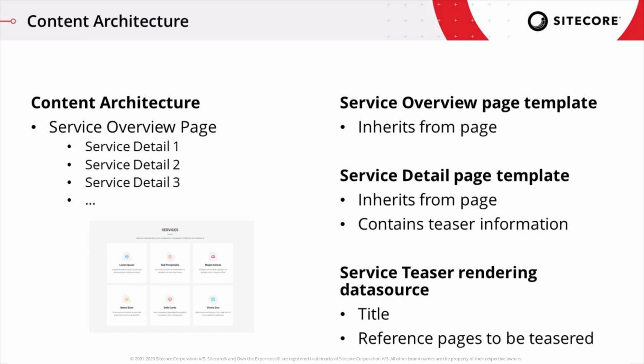On the service detail page, we will put all the teaser information. Last but not least, we create the rendering with a known data source that has the title and the description, but also references all the detail pages to tease the information, as shown here in that little screenshot.